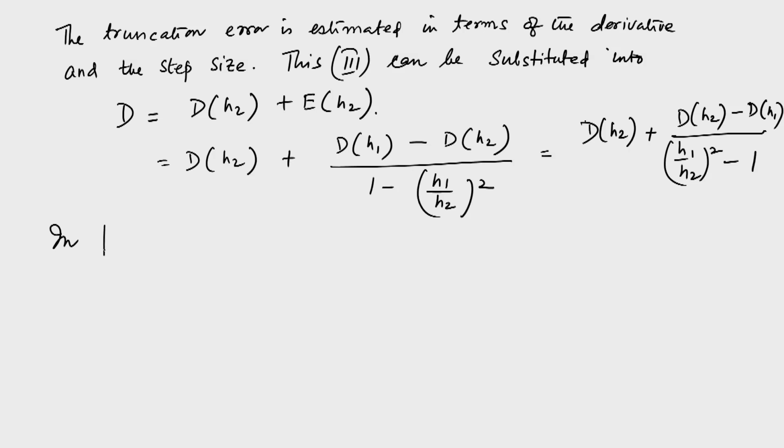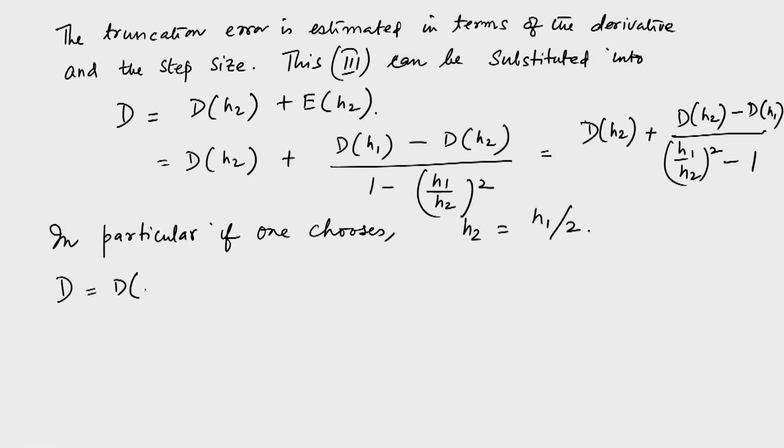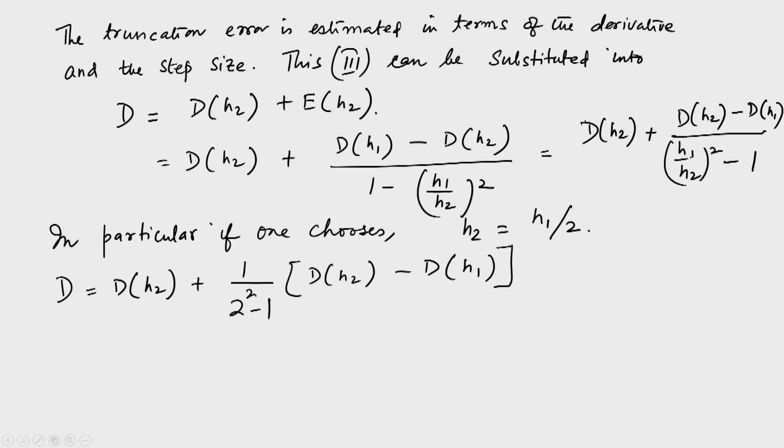In particular, if you choose H2 equal to H1 by 2, then one can have D which is equal to D(H2) + 1 divided by (2 square minus 1) times [D(H2) minus D(H1)], because this thing becomes a factor of 2 and so on.